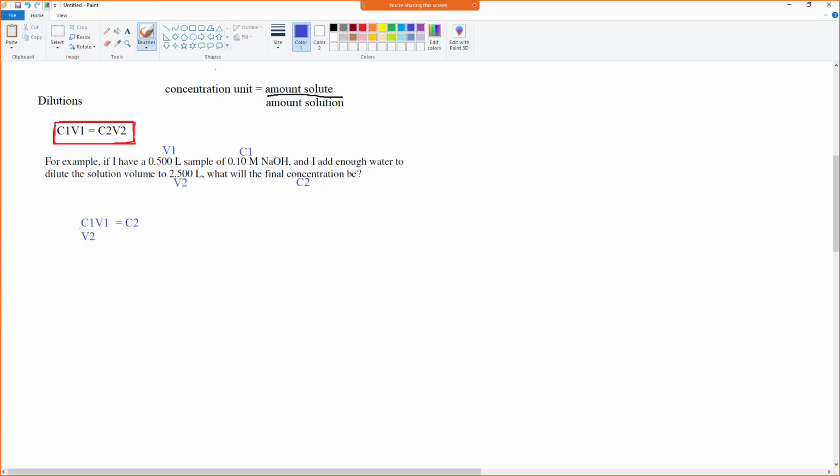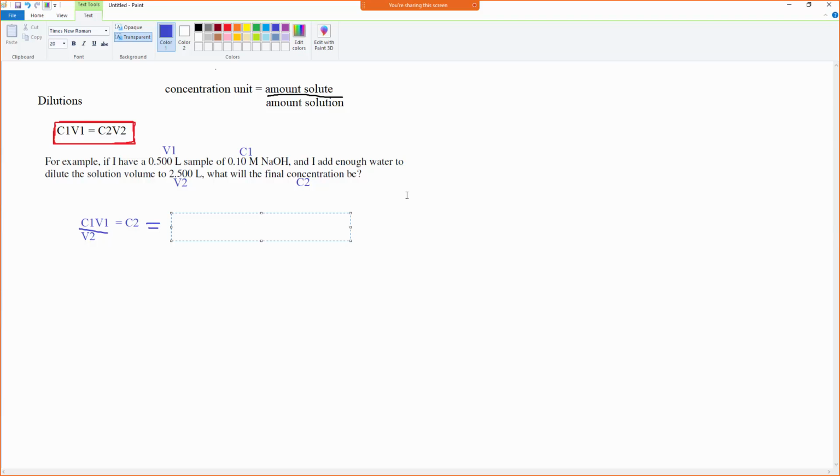All right, so now we can just plug it in. And again, I just like to solve it before I plug numbers in. It keeps things really cleaner. So that gives me C1, 0.10 molar NaOH, and V1, 0.500 liters solution, divided by V2, which is 2.500 liters of solution.